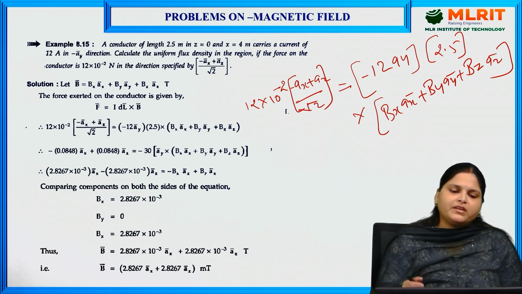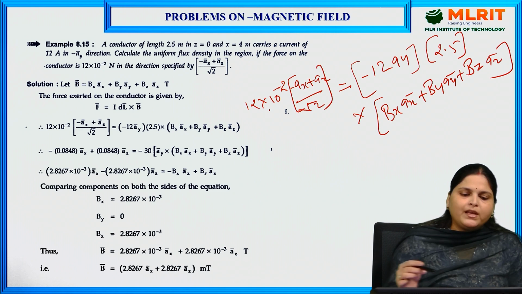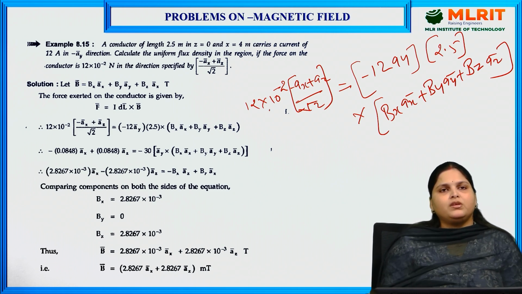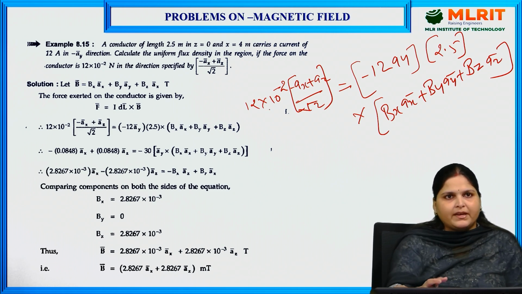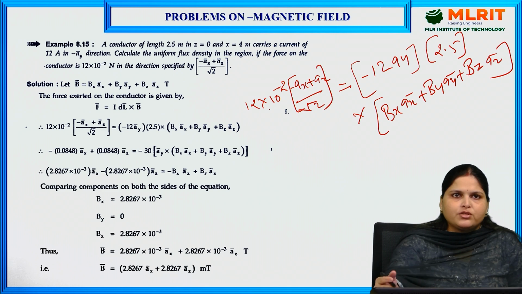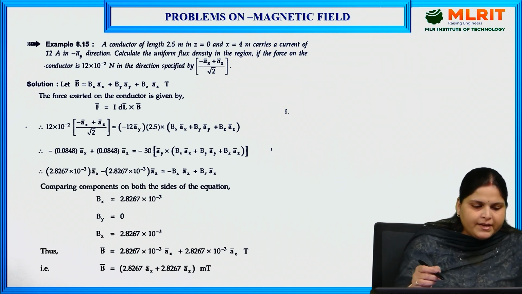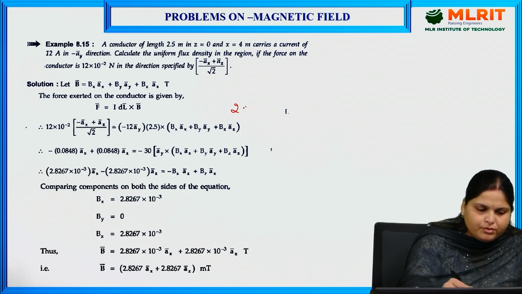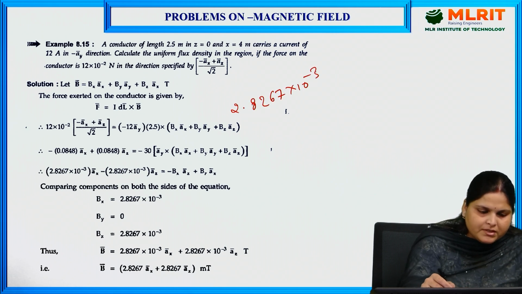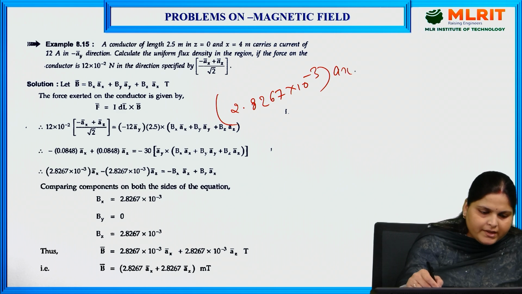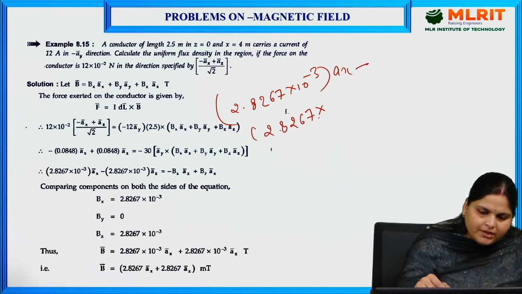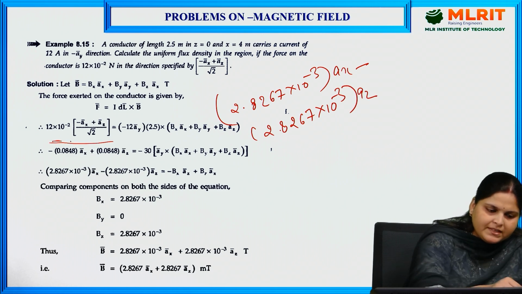Then we will further solve it. We will multiply this 12 into 10 to the power minus 2 inside this bracket, and this also we will solve, and finally we get the equation as 2.8267 into 10 to the power minus 3 AX minus 2.8267 into 10 to the power minus 3 AZ, because it is multiplied inside.